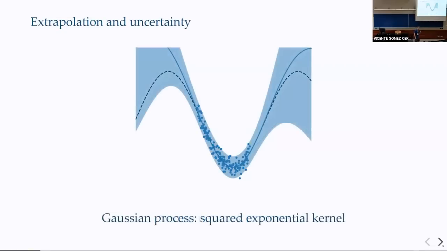So let's introduce uncertainty. Here, what I'm showing you is what you get when you use, instead of a neural network, a Gaussian process with a squared exponential kernel. It's the simplest and most standard model that you might use within the Gaussian process class of models, that I'll say quite a bit more about later. Here you can see that now we have these error bars that go around our data points.